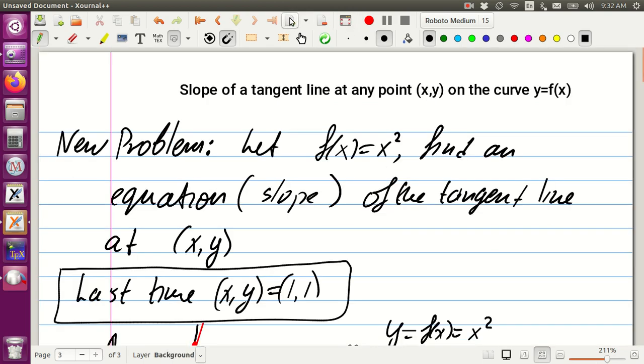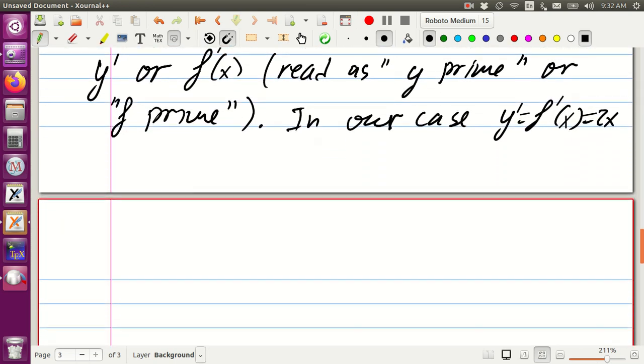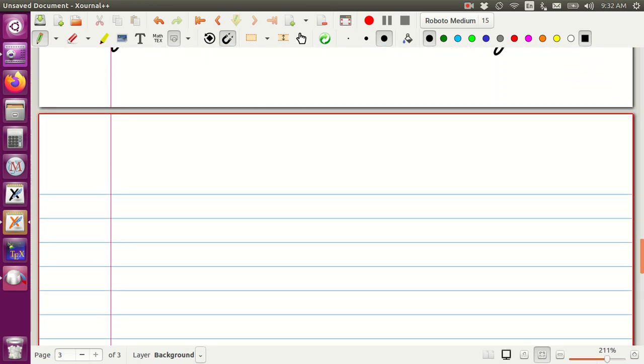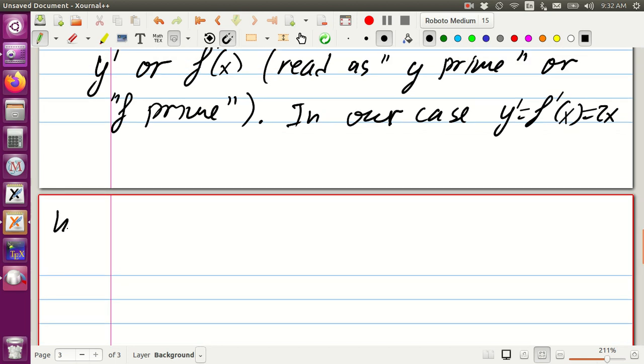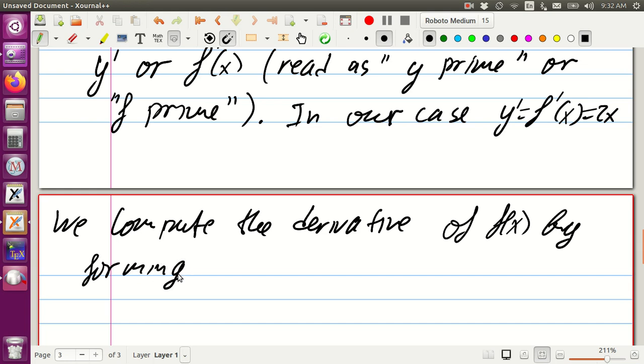So the next question: how do we compute the derivative? We compute the derivative of f of x by forming a quantity, and the quantity is a fraction.